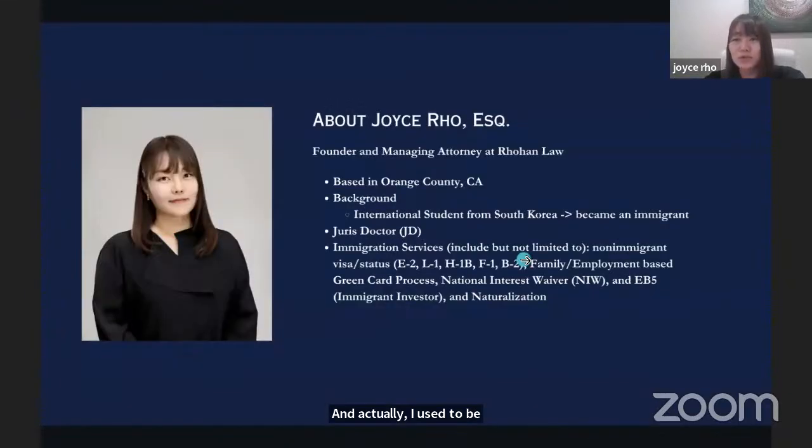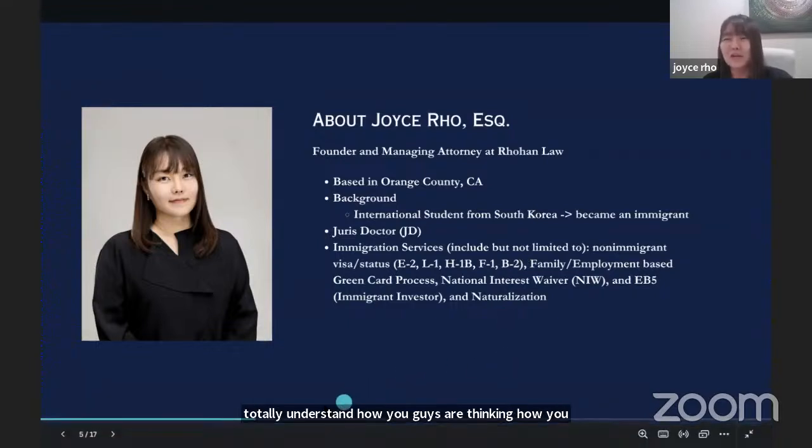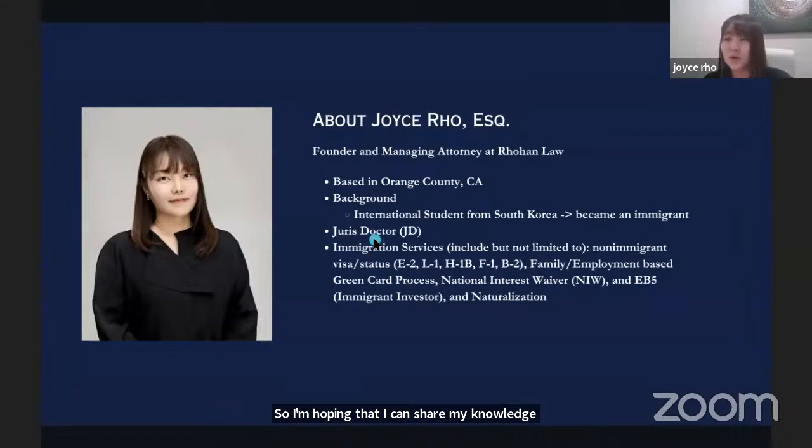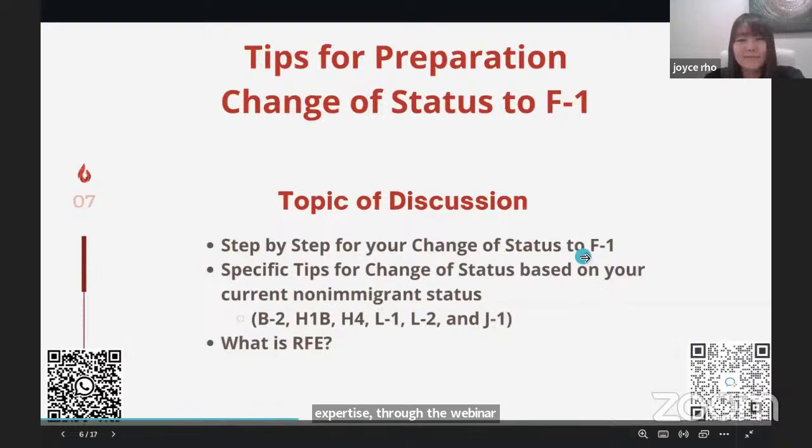I went to university and law school in Los Angeles, and although I have a green card right now, I totally understand how you are feeling and how you are doing to overcome each step to settle down here. So I'm hoping that I can share my knowledge, experience, and expertise through the webinar with Go Elite today.